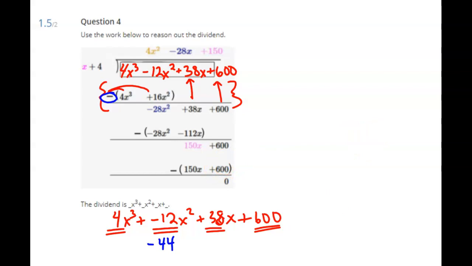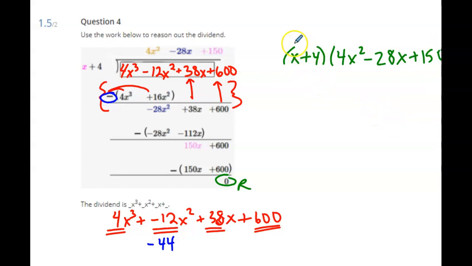Okay, another way that you can do that problem rather than working backwards like we did here is the dividend is, when the remainder equals 0, a product of the divisor and the quotient. So you could have also multiplied the divisor, which is a linear binomial x plus 4, times the quotient, which is a quadratic trinomial 4x squared minus 28x plus 150.